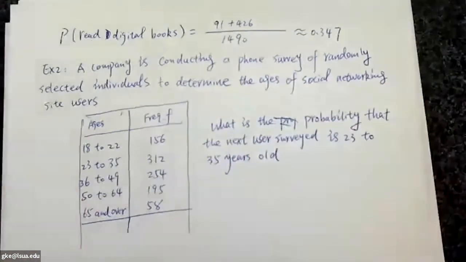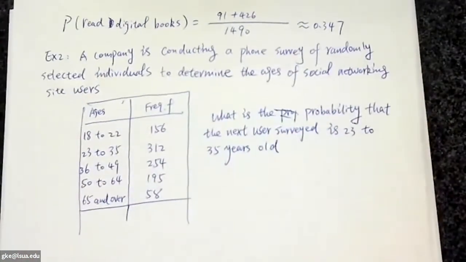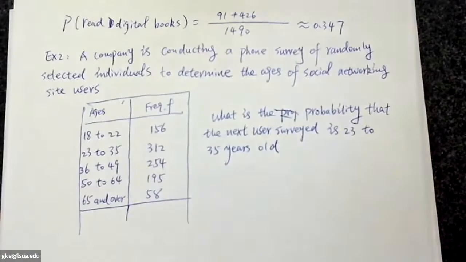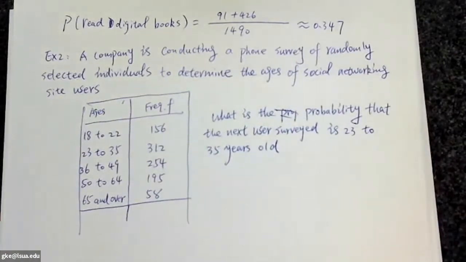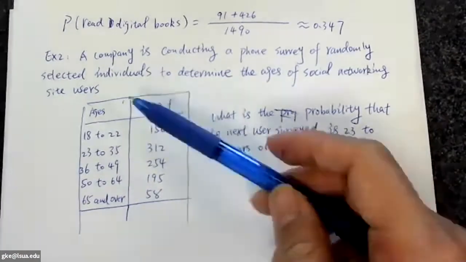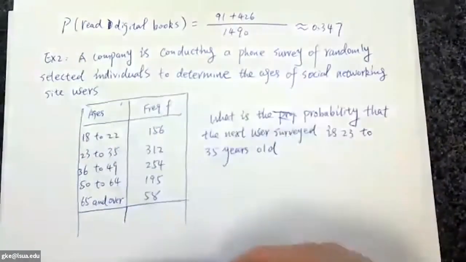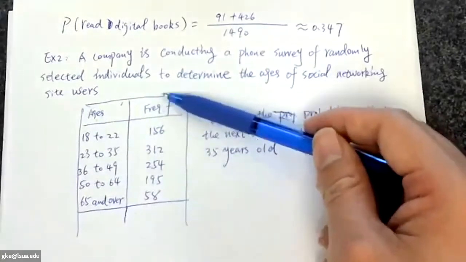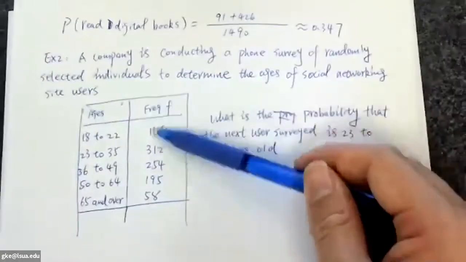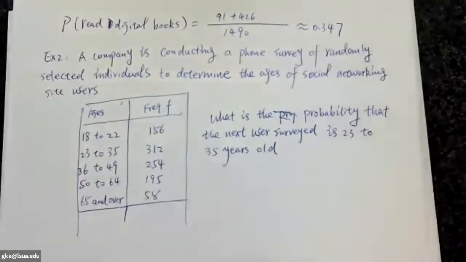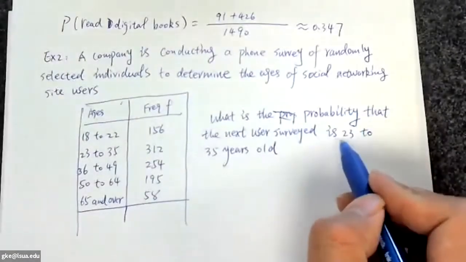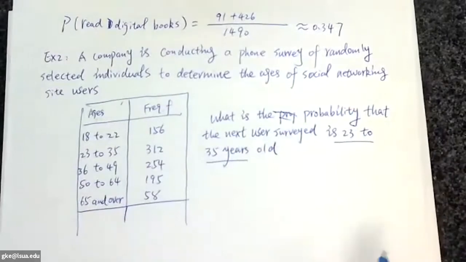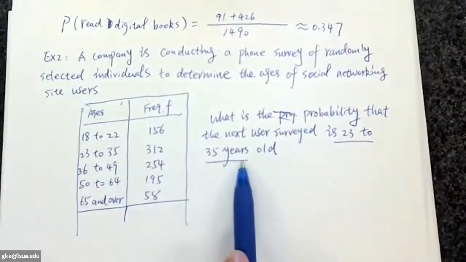Okay, now let's take a look at this. So here is a survey of randomly selected individuals to determine the ages of social networking site users. The first column is the ages, the second column is the corresponding frequency. And the question is to calculate the probability for 23 to 35 years old.